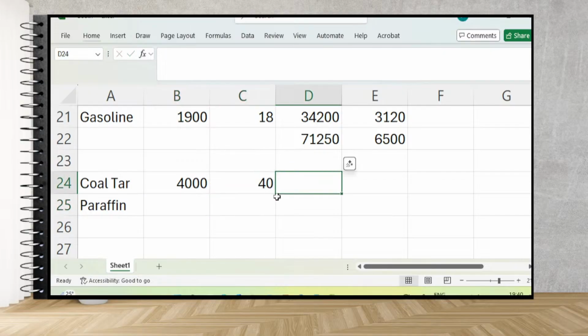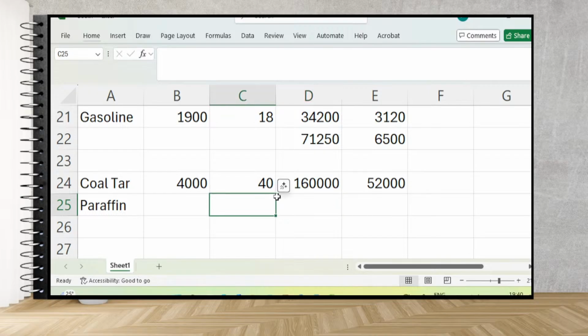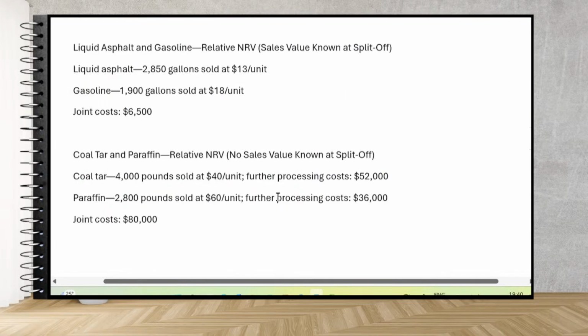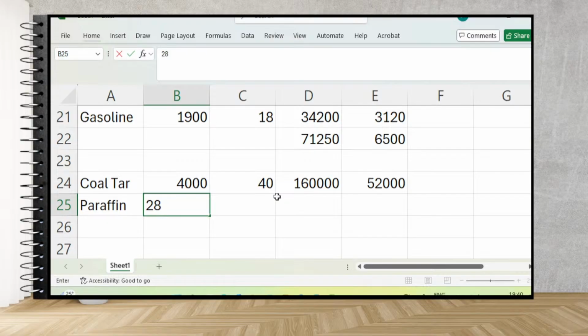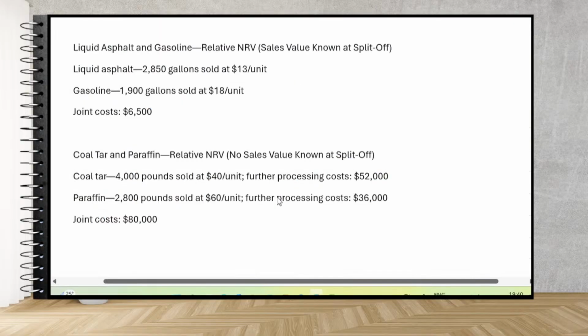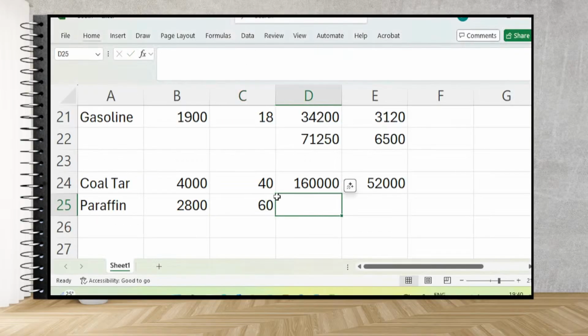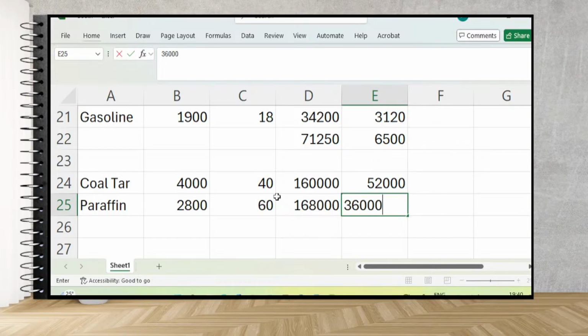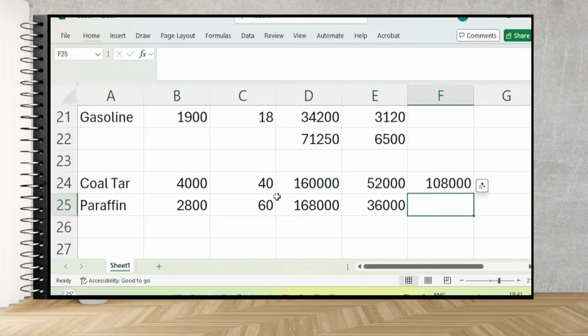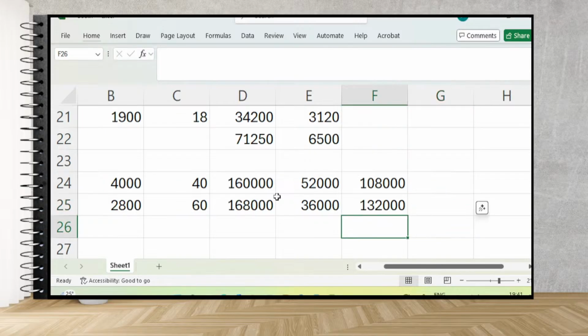So the end product sell price is this one, and there is 52,000 further processing cost. 2,860, and the cost is again here 36,000. So on that basis, I may calculate the sell price at split off by reducing the further processing cost.